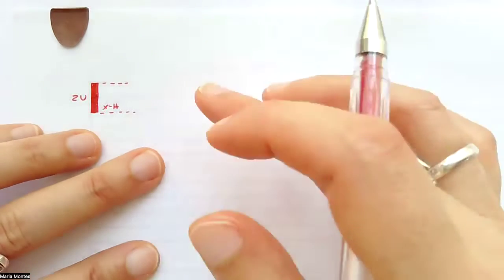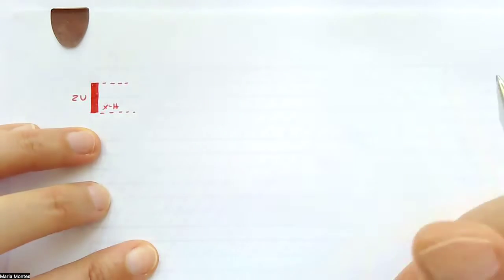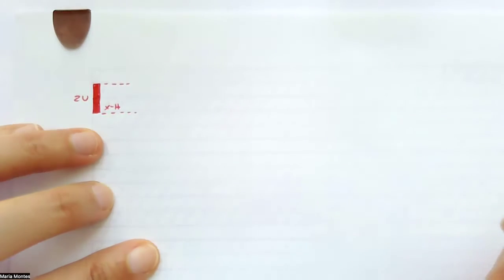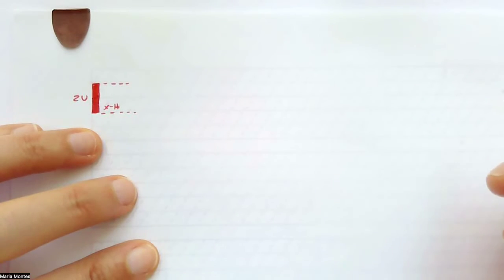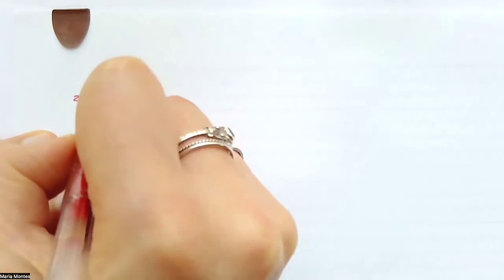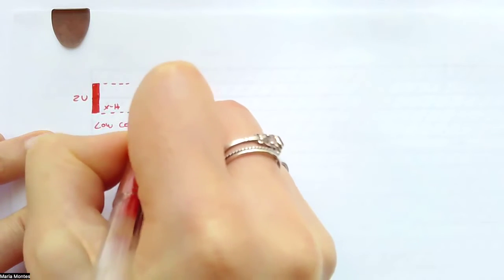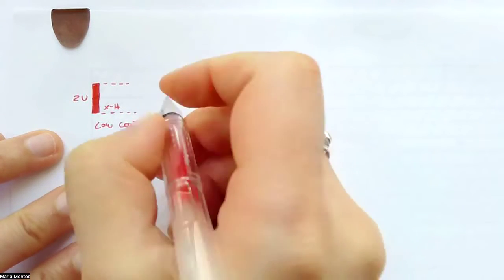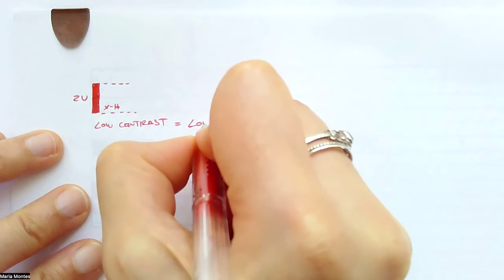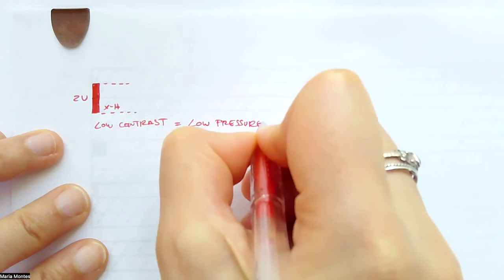If I want to create a really light look and feel for a group of words, like a text, I'm going to decide that the contrast I want to apply is very light. And that means low contrast, which equals, in Copperplate Calligraphy, low pressure of my pen on the paper.